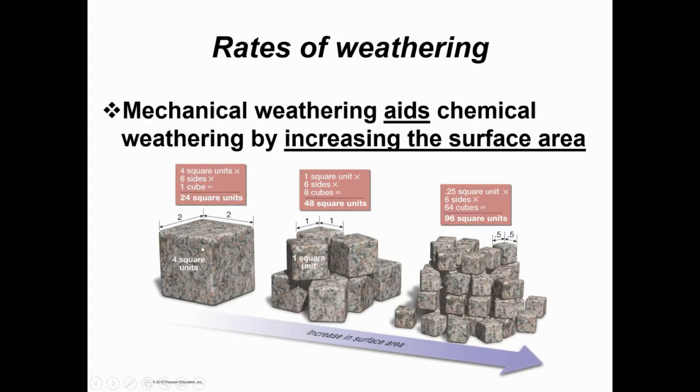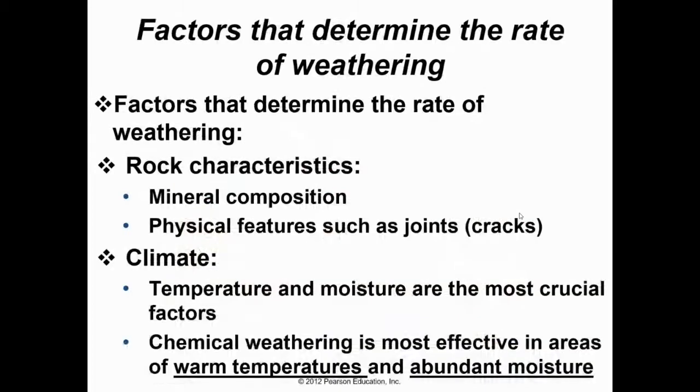Everything inside of this huge chunk of rock is unable to be weathered because it's locked away from being weathered, basically. So once you start to get things really broken down and increase that surface area, that's when you start to see the earth material really start to break down really quickly.